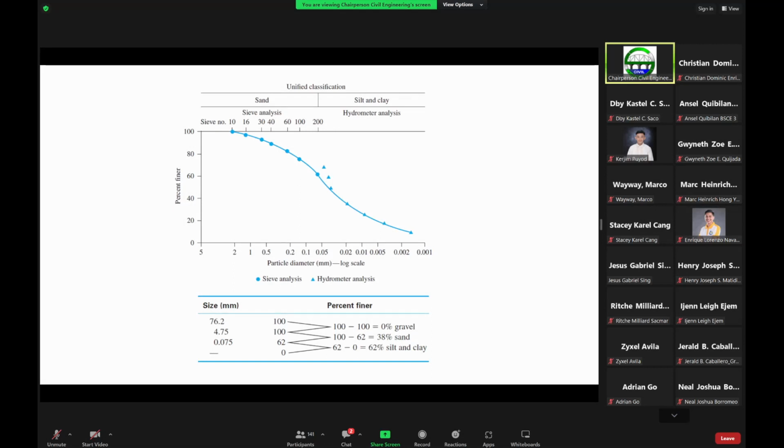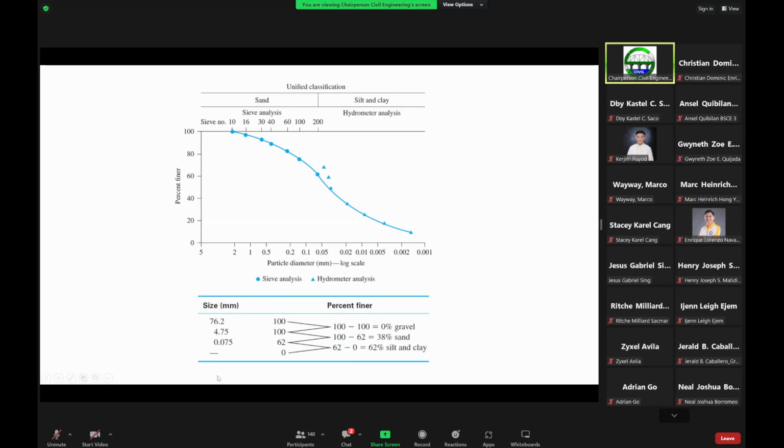Normally, the difference between 76.2 millimeters and 4.75 millimeters is the percentage for gravel. And then the difference between 4.75 millimeters and 0.075 millimeters is treated as the percentage for sand.